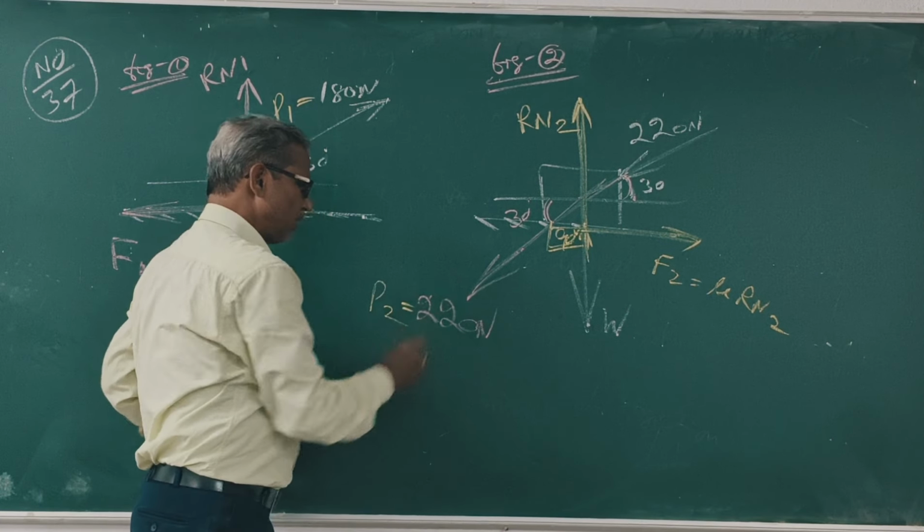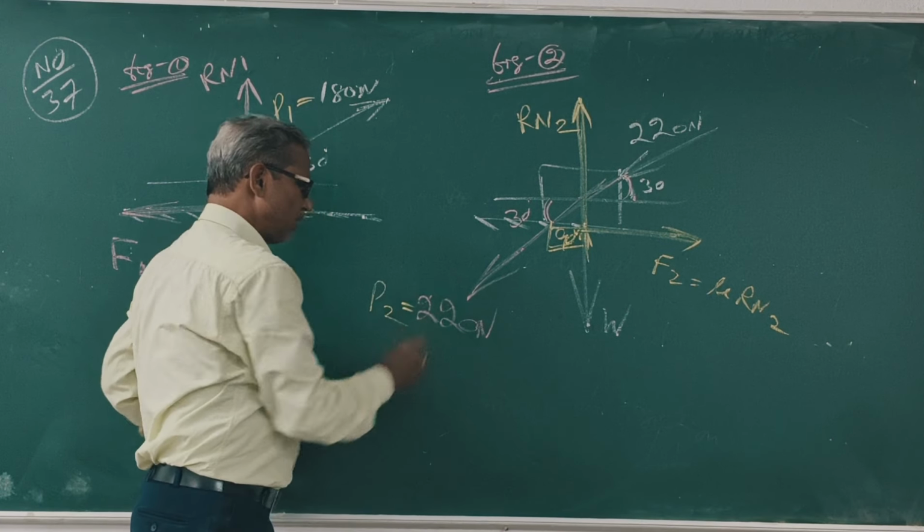Clear? Now, what is W? Weight of the body. What is mu? Coefficient of friction. We are required to find these two things, W and mu.